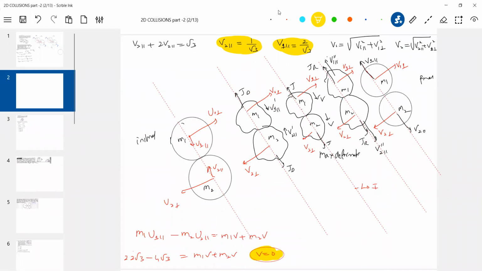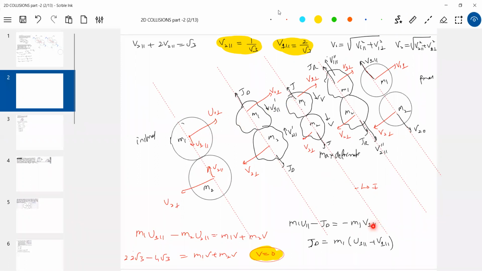M1 U1 parallel, JD should be equal to, we'll get the impulse of deformation M1 U1 parallel, from where to where? You have to pick up from here to here.